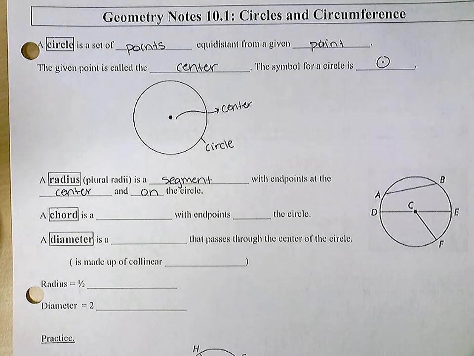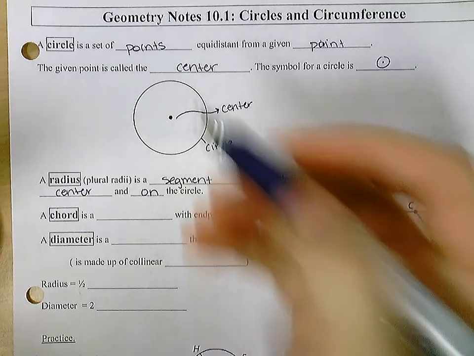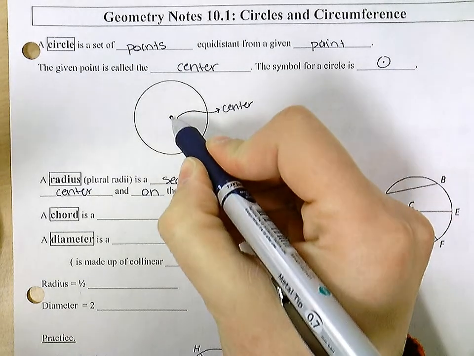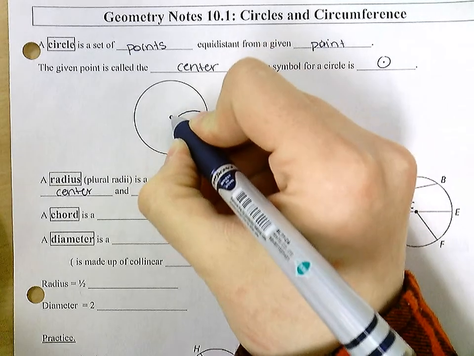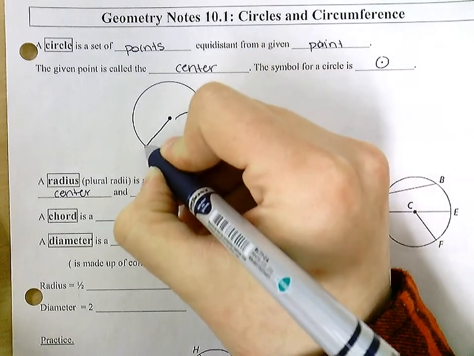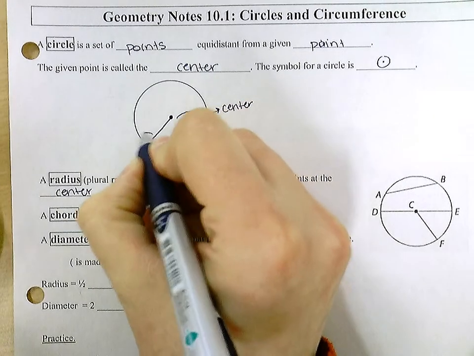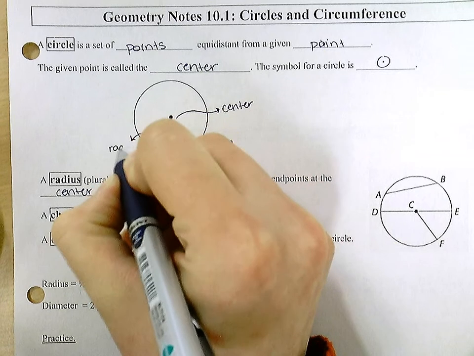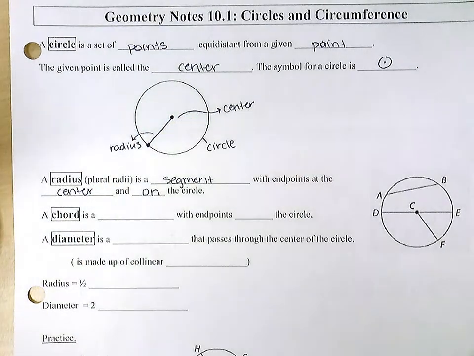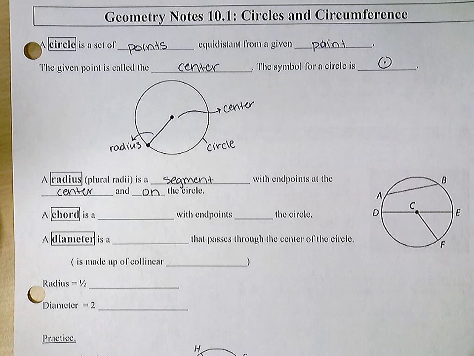Your radius is the segment with one endpoint at the center and one on the circle. So that's one segment inside your circle.